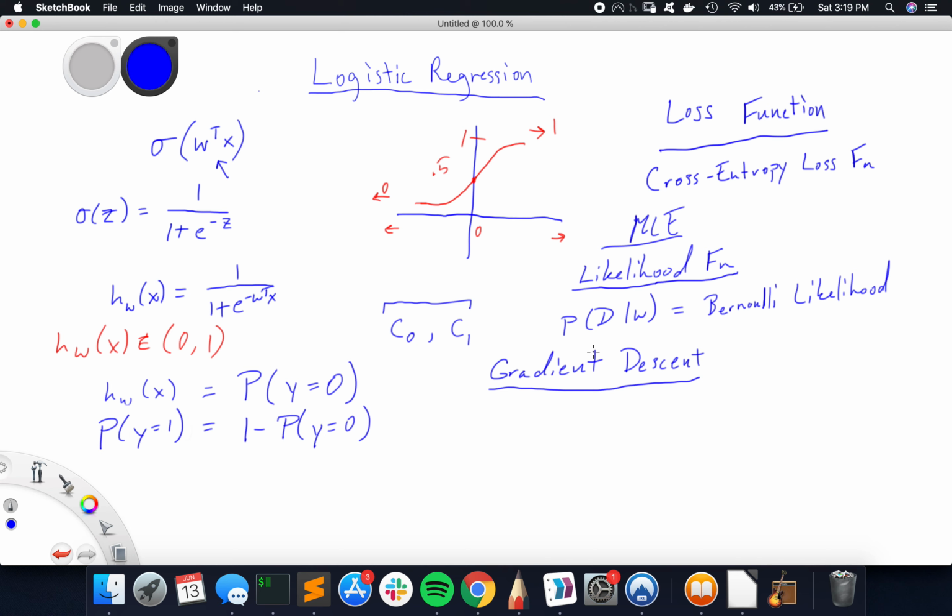So if you can't think of a way to train a model in the interview and you're blanking out, throwing out gradient descent is a great way to get the ball rolling, because very rarely are you going to be wrong.